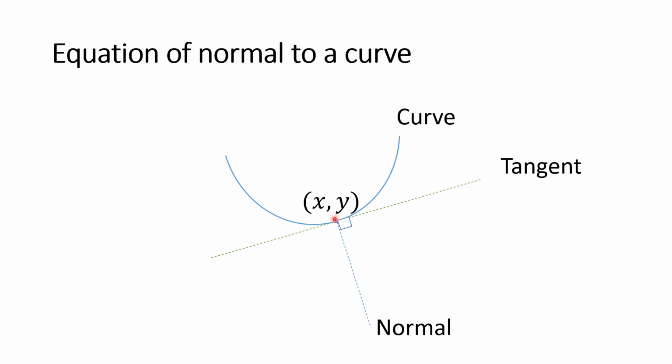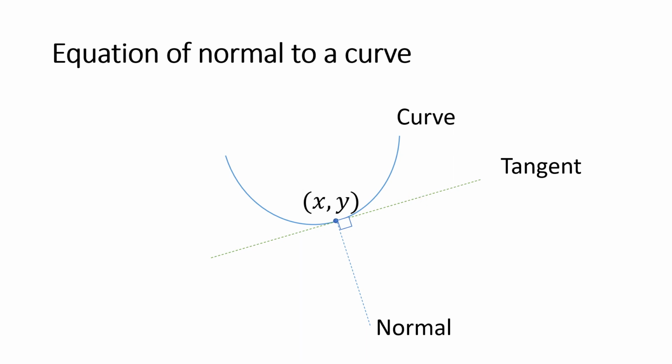We have already noted that the gradient of the curve at this point is also equivalent to the gradient of the tangent. But given that the normal is perpendicular to the tangent, the product of the gradient of the normal and the gradient of the tangent should give us -1.